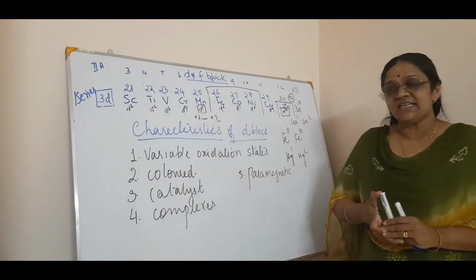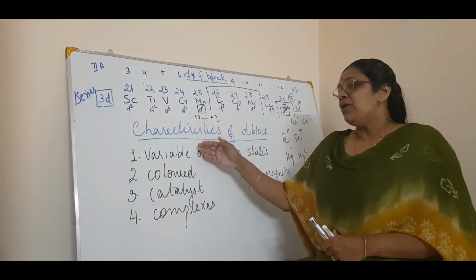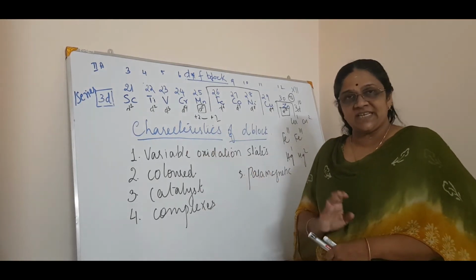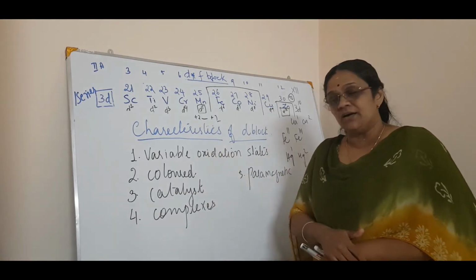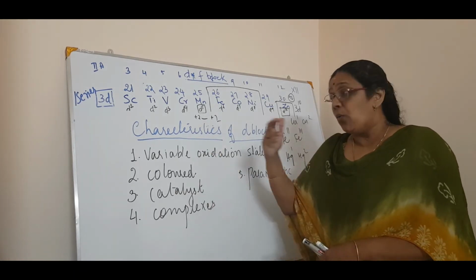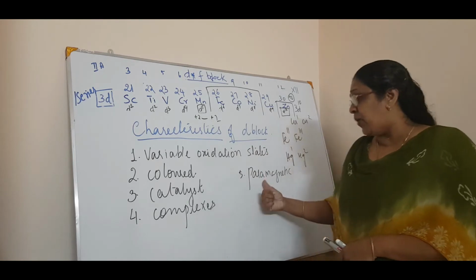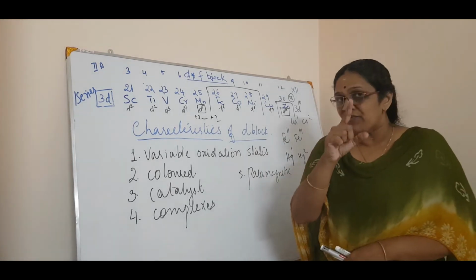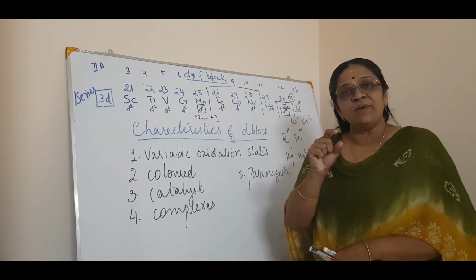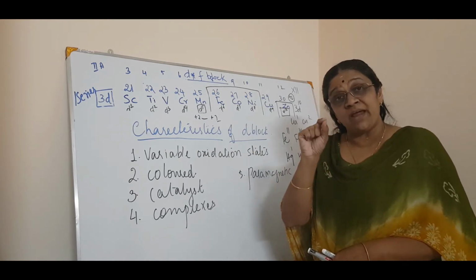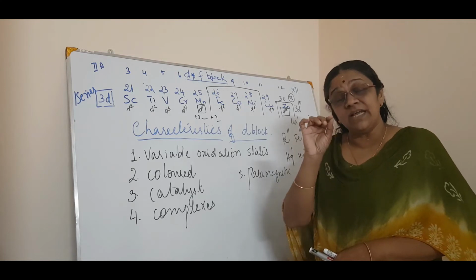You have to write and keep it and study, because questions can normally be asked on all these. Why they are used as catalysts, why they have color, why they form complexes, why they have variable oxidation state, and why they are paramagnetic. One of the main reasons for all these is the same: they have unpaired d electrons.